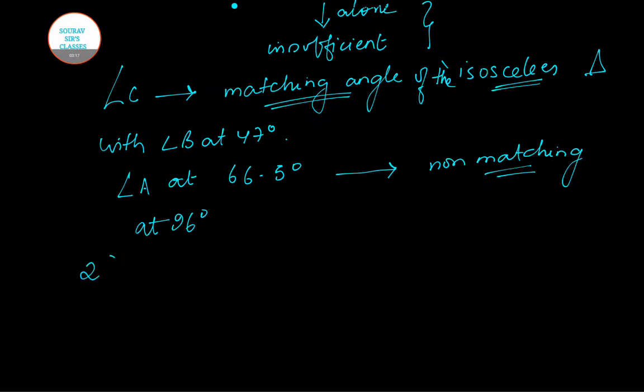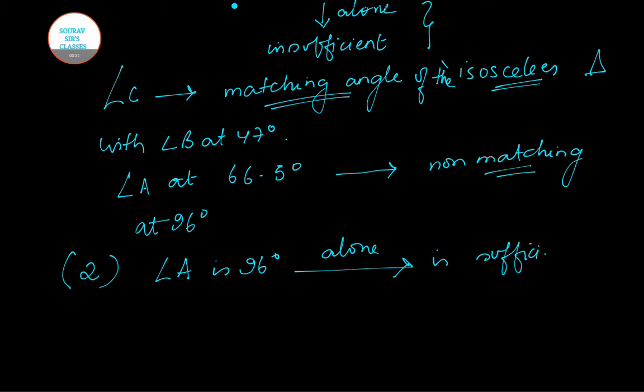Statement number 2 gives the measure of angle A, which is 96 degrees. Now this alone is sufficient. Why can I say this?